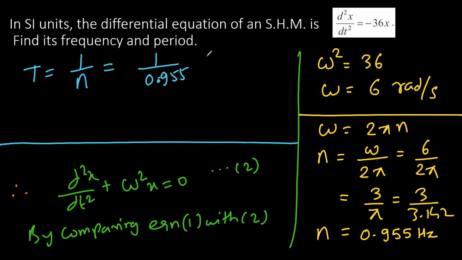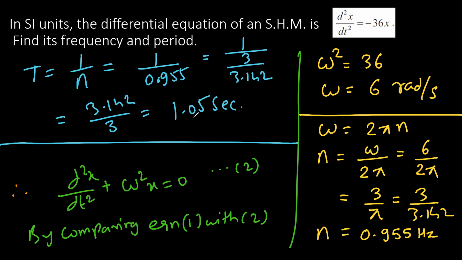So you can take the reciprocal of 0.955, or you can do the same thing using 3.142 divided by 3. Either you can do this one or this one. The answer is 1.057. This is your answer. Okay, simple. So this is for 2 marks. Okay, let's go for the second one.